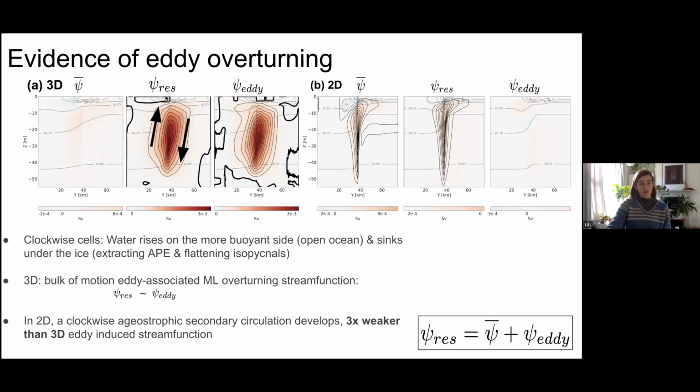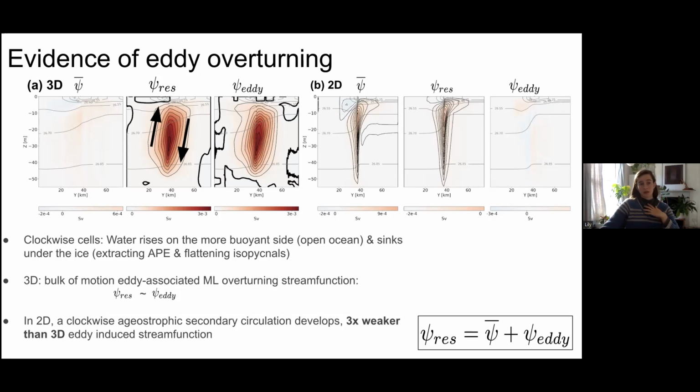So if you look at the residual stream function in the middle for the 3D model here, which is the main stream function of interest, this acts to move the water masses, rise the warm water on the open ocean or more buoyant side, and sink it under the ice. So it's a clockwise cell.